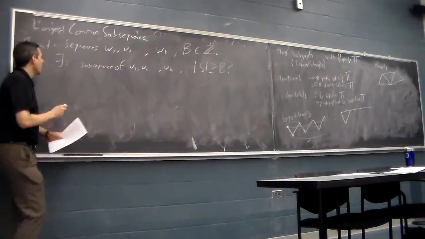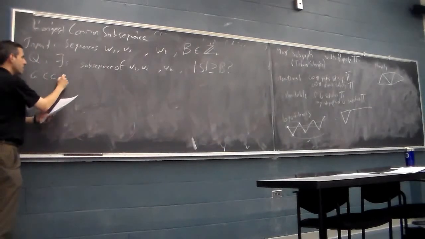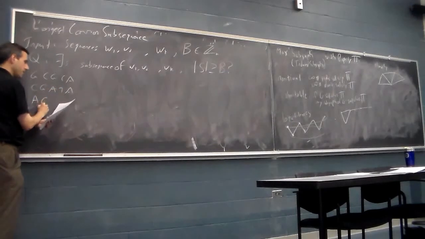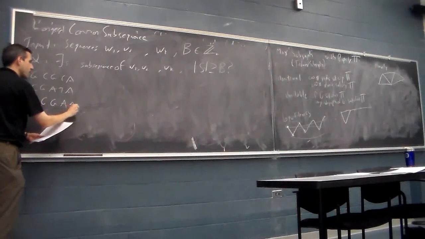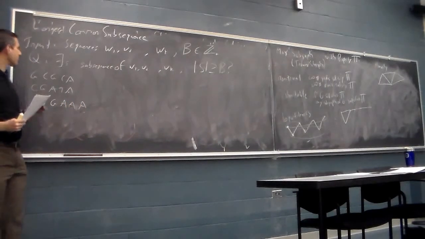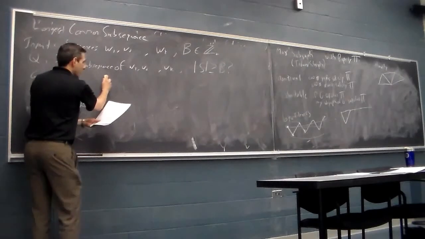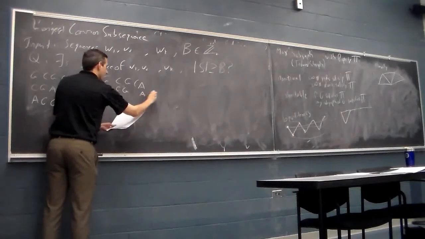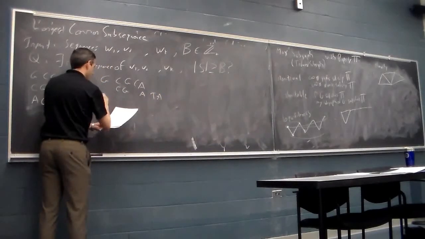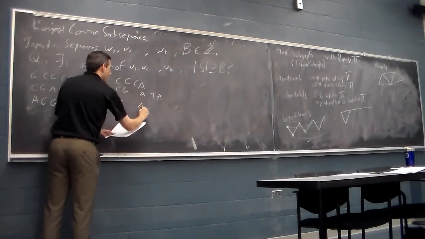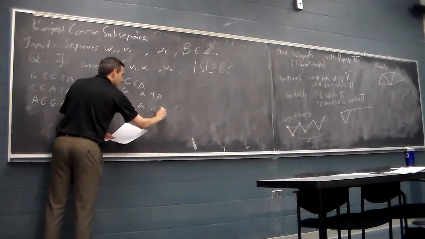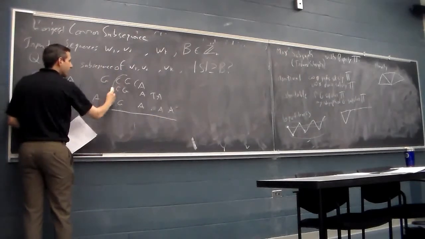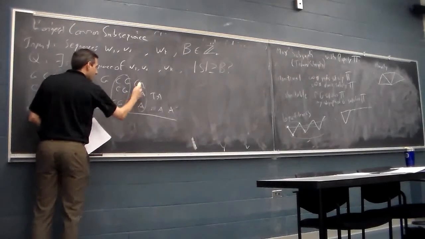So in other words, if we had, let's say, the sequences GC, GCA, CG, ATA, AC, G, AAA, we could line these up to find a longest common subsequence as follows. We could see that the longest subsequence we can get that's in all of them would consist of these characters.